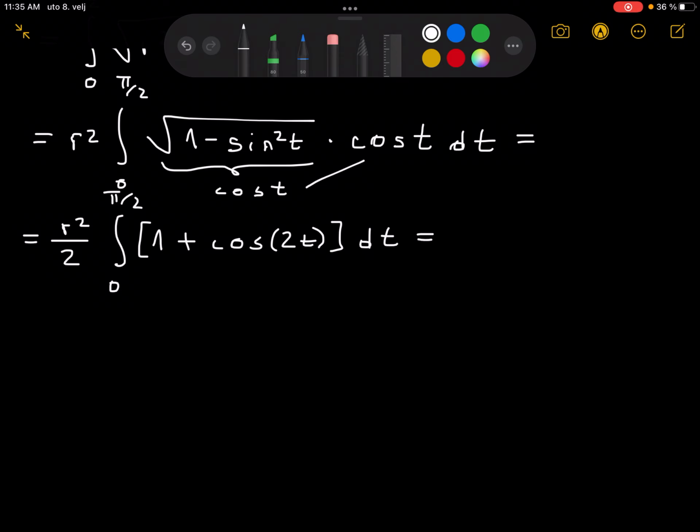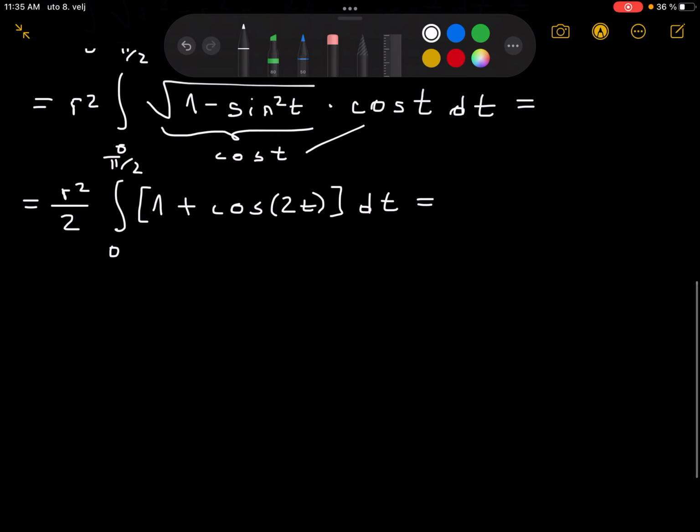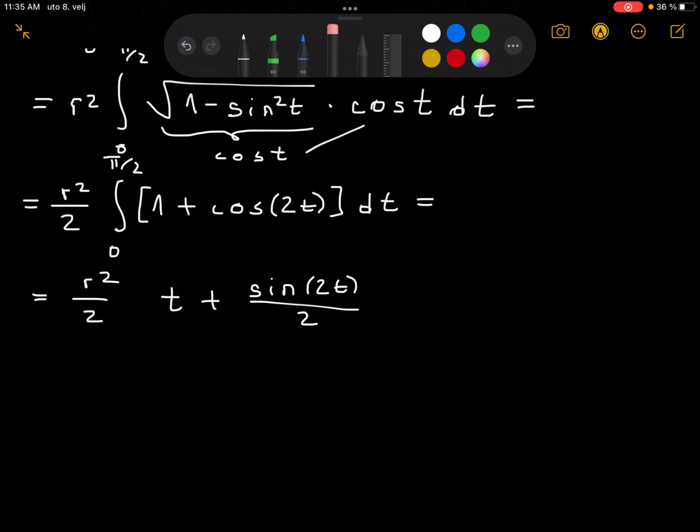Okay, and this is going to be equal to r squared over 2 times t plus sine of 2t over 2, and everything between the limits of 0 and pi over 2.